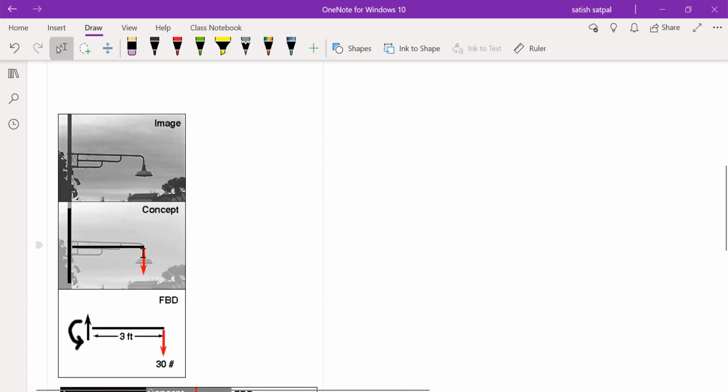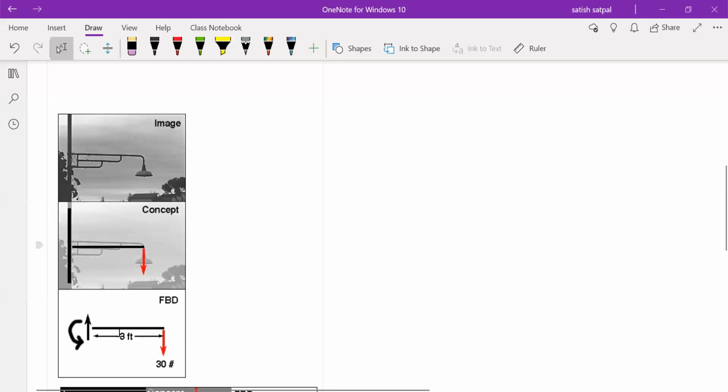But because of this vertical load or weight of the lamp, there will be a moment also. This 30 into whatever distance is there, and that moment is in this direction, clockwise. So to balance that moment, the anti-clockwise moment is shown here. Because the horizontal load is not applied, there will not be any horizontal reaction here.